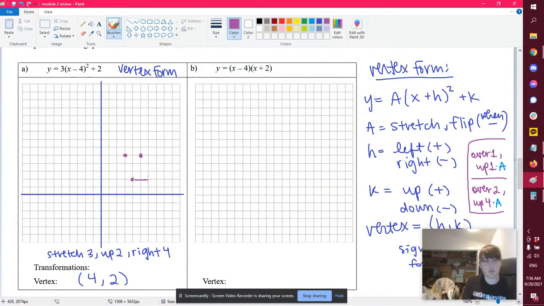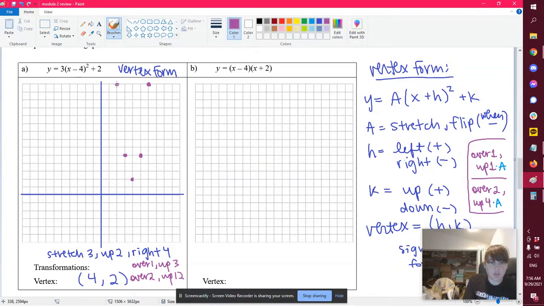Instead of going over 2 up 4, right, we go over 2 up 12, right? So over 2 up 3 times 4 is 12. So 1, 2, 3, 4, 5, 6, 7, 8, 9, 10, 11, 12.